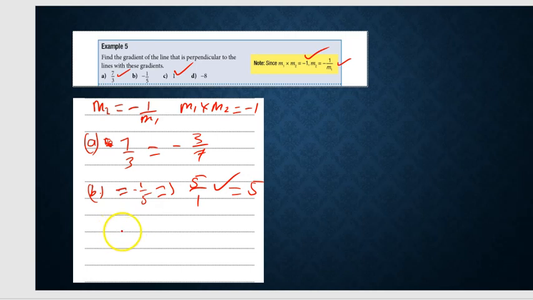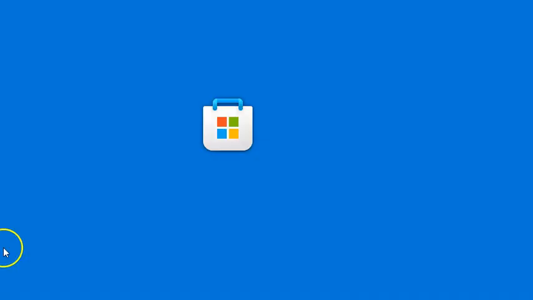So 1 becomes -1, because if C is 1, this implies that we can have it as -1/1. So this is simply -1. And then D is -8, so it becomes 1/8. So this is simply what you will do in terms of finding the gradient of the line that has those equations.